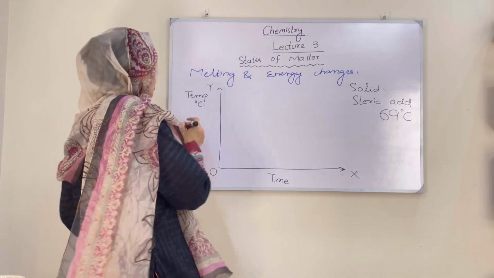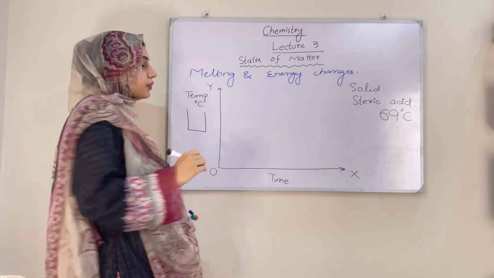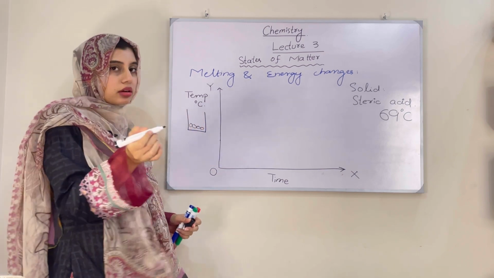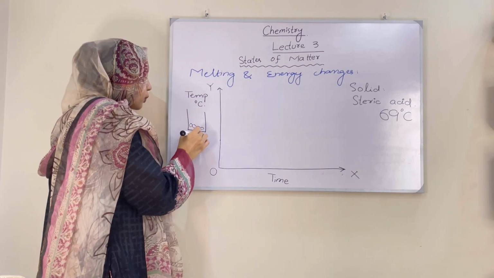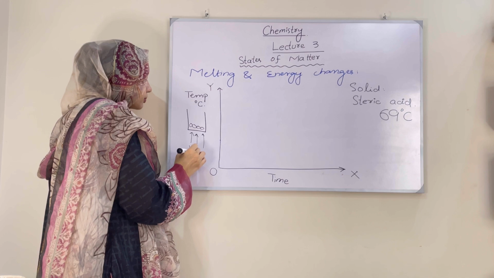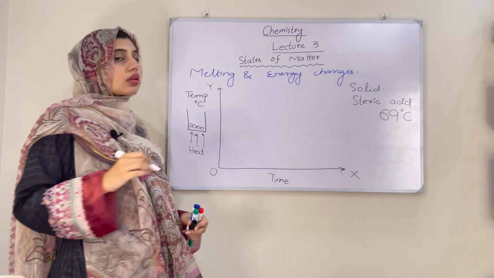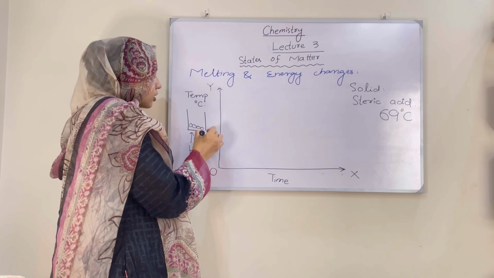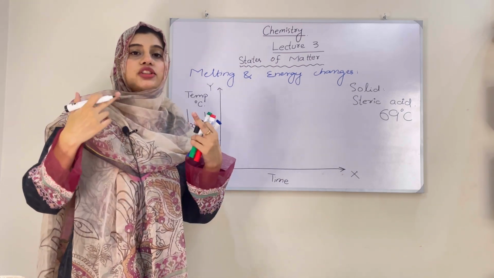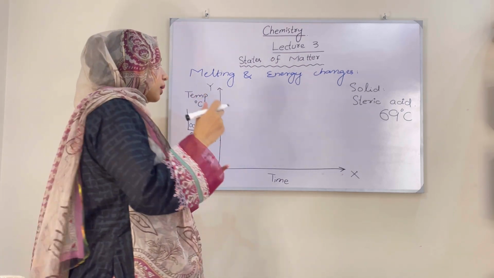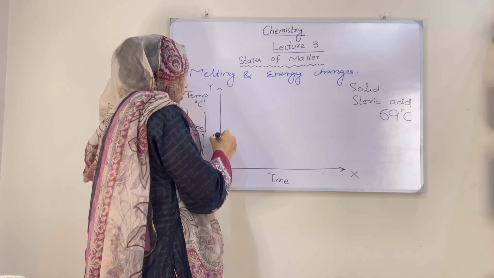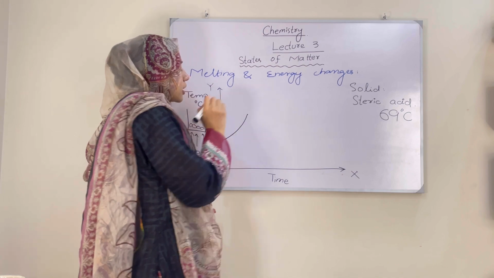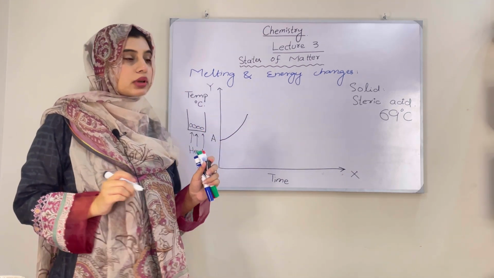For example, we have some stearic acid in a beaker and we are going to provide heat. This is point A, where we started providing heat, and the temperature keeps increasing as we provide heat until it stops here, the first stop.